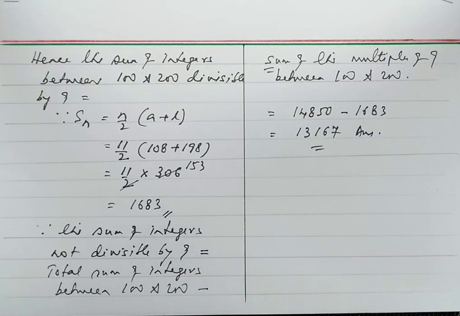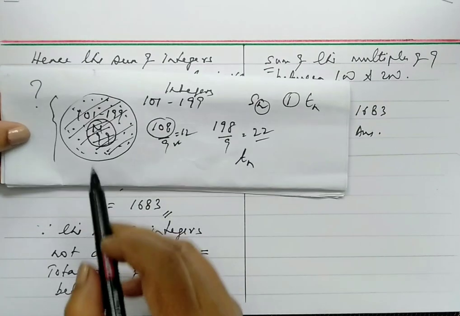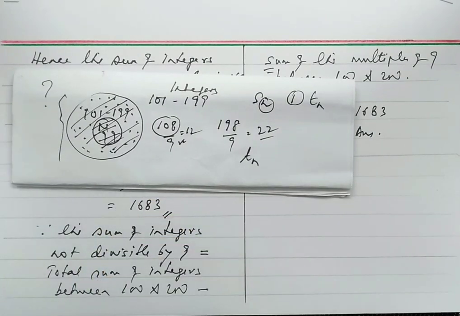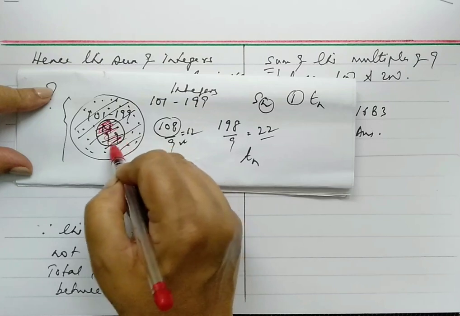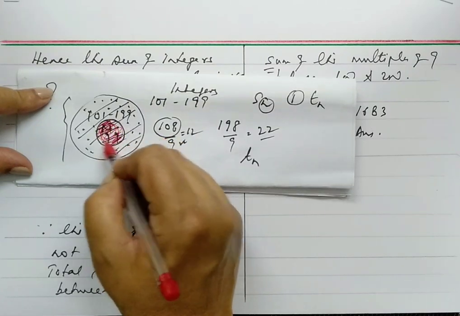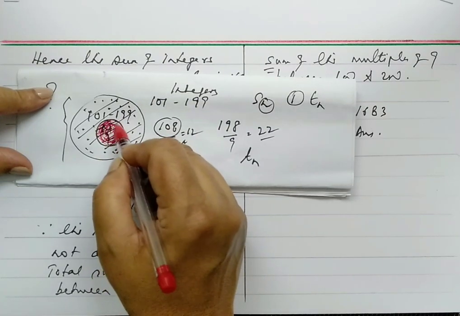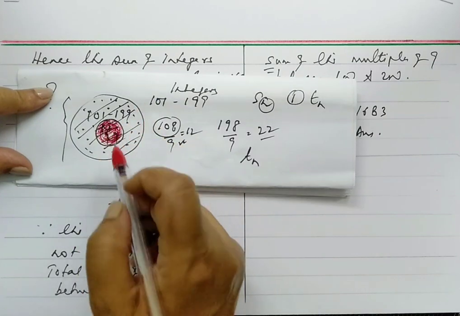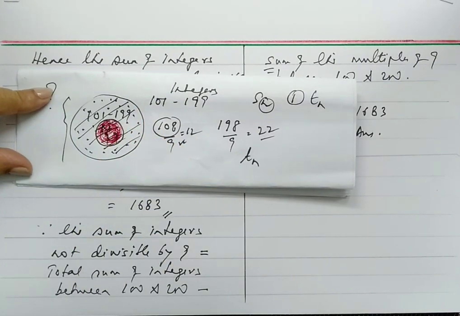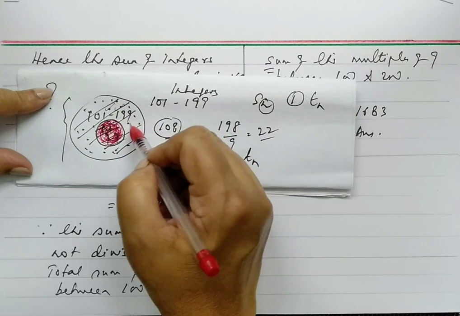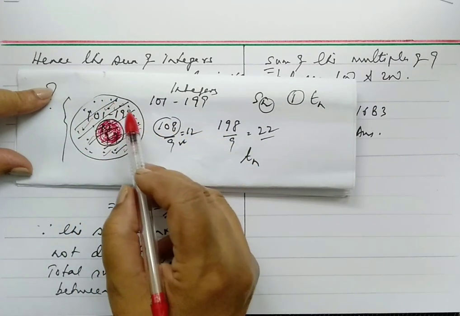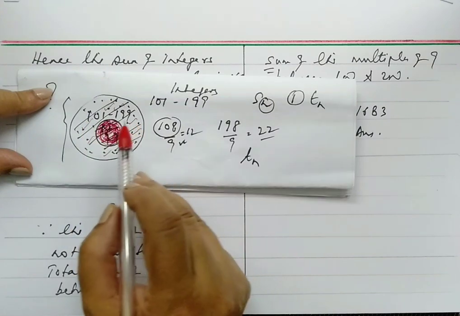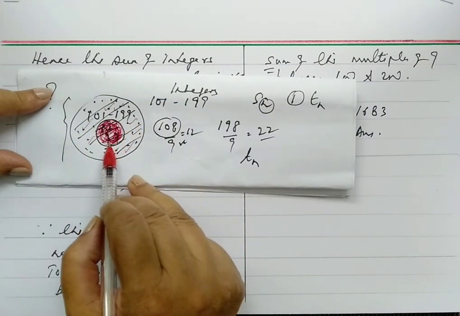Having got this means now we have found out this portion, correct? Can you see it? I'll just color it so that it is easier for you to understand. This portion was all the multiples of 9 which have been concentrated here. We need the sum of those integers which lie between 100 and 200 but are not multiples of 9.